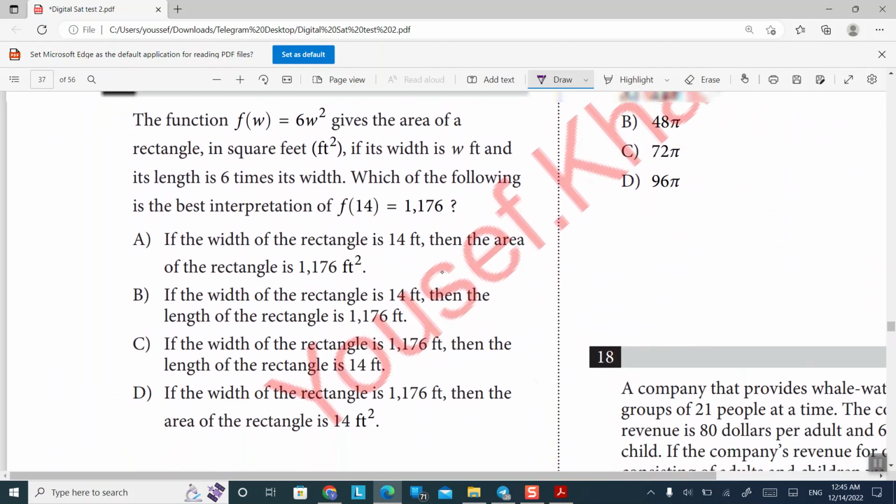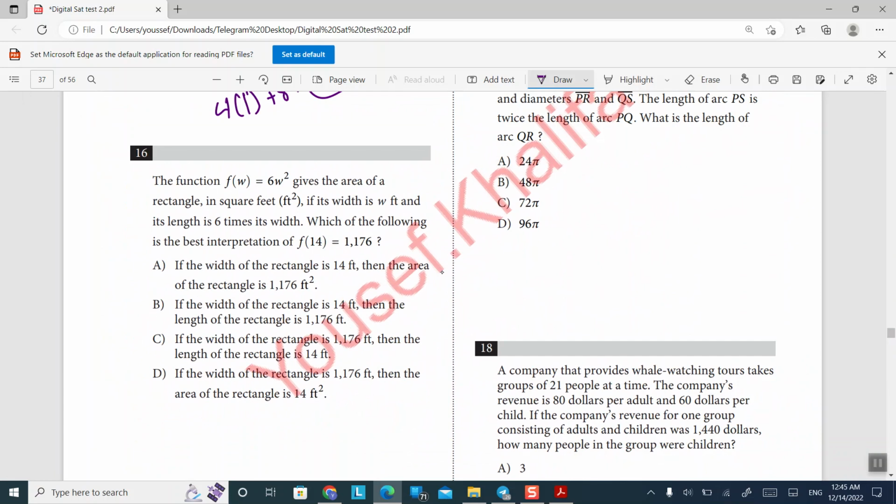Okay, so let's see this one. The function f of w is equal to 6w squared and gives the area of a rectangle in square feet, if its width is w feet and the length is 6 times its width. So let's write down, length is 6w. Which of the following is the best interpretation of f of 14 equals 1176?